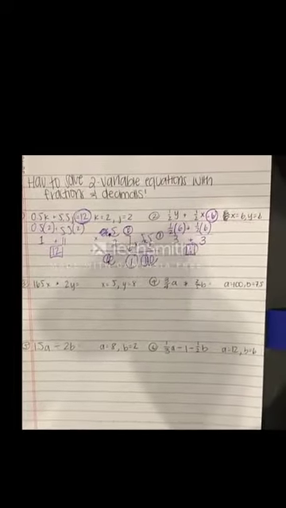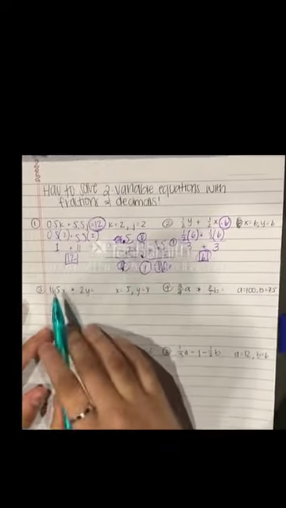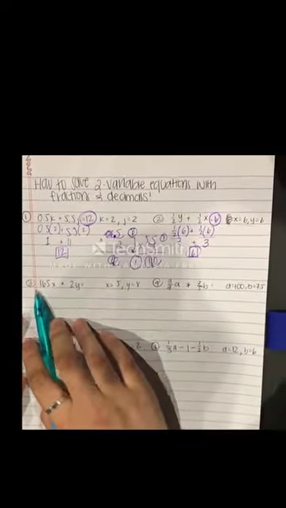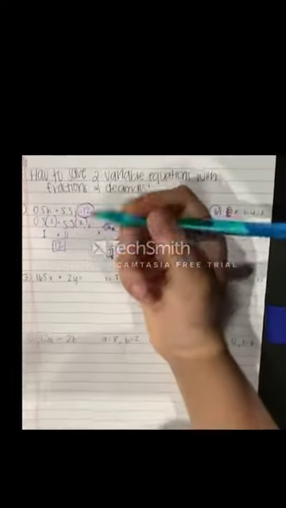Now let's go ahead and do another one, and this one is kind of a big number, but it's okay. So we have, this isn't a fraction or a decimal, but this is just a regular one. So here we have 165x times 2y, and x and y are defined as 5 and 8 respectively.